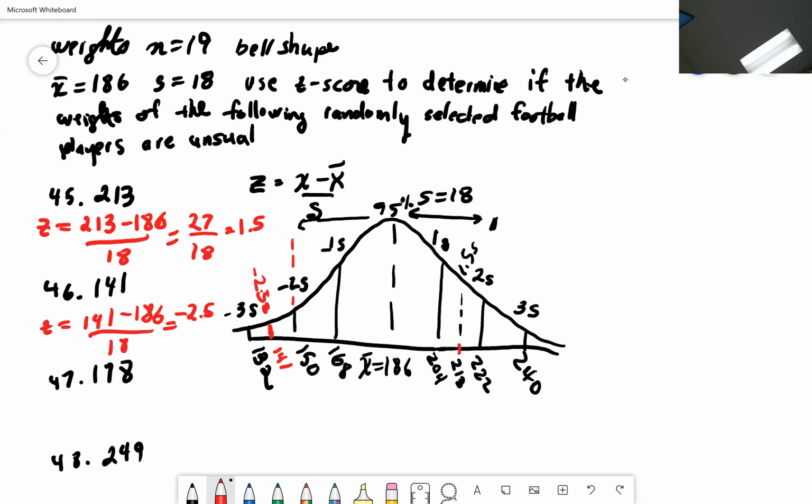Anything beyond 2 standard deviations or negative 2 standard deviations would be considered unusual. So this is unusual. I've misspelled unusual, of course. It's too far away from the mean, from the center.